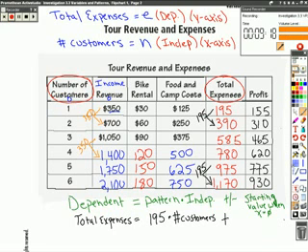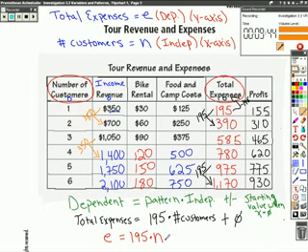Again, if number of customers is 0, my expenses will be 0, because when I work this backwards, I subtract 195. That gives me 0, so plus 0. And finally, total expenses is E equals 195 times N. And that's our equation for finding the total expenses.